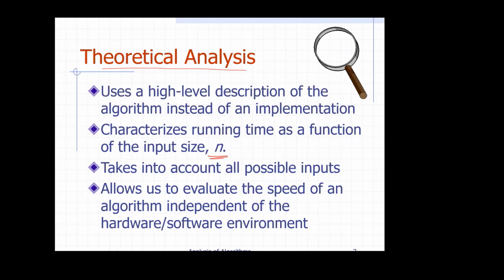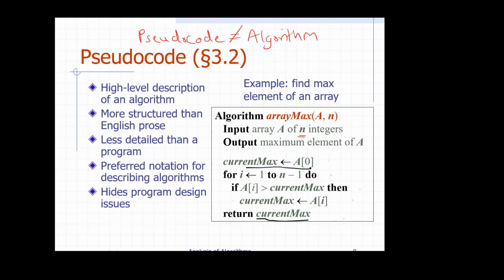And now we are going to see how many operations, in terms of n, how bad this algorithm goes. We are going to characterize the input size every time as n. We'll take into account all possible inputs, and it will allow us to give the number of operations. Again, we are not going to focus on speed dependent on memory, but the actual number of operations.